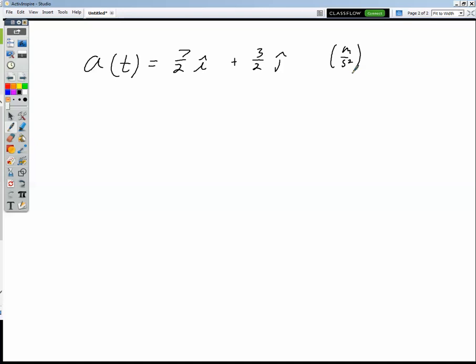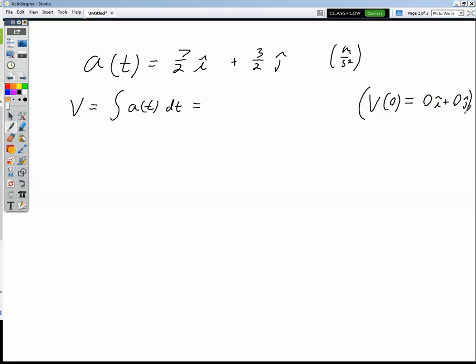If I want to find the velocity at any time t, the velocity is equal to the integral of the acceleration with respect to time. So we would integrate this, and we would need some initial conditions here. Let's just say that the velocity at time 0 is equal to 0 i hat plus 0 j hat.